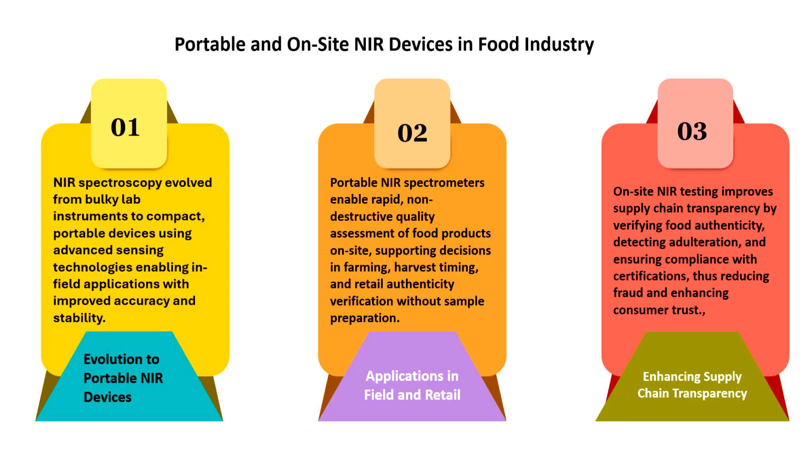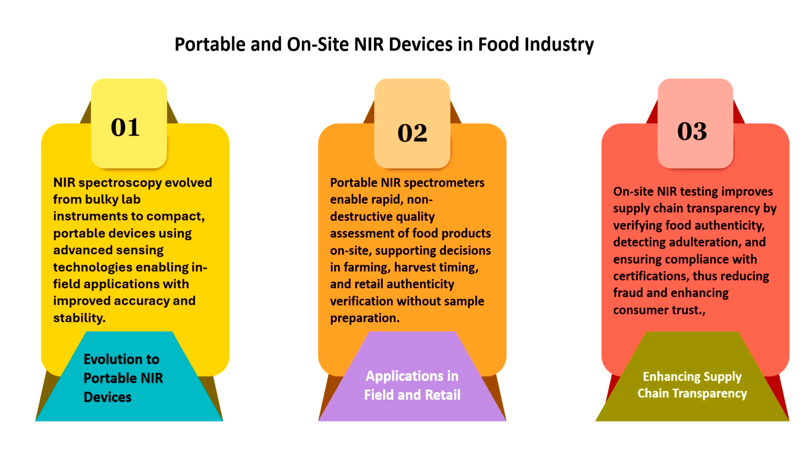Portable and on-site NIR devices in food industry. NIR spectroscopy evolved from bulky lab instruments to compact portable devices using advanced sensing technologies, enabling in-field applications with improved accuracy and stability. Portable NIR spectrometers enable rapid, non-destructive quality assessment of food products on-site, supporting decisions in farming, harvest timing, and retail authenticity verification without sample preparation.